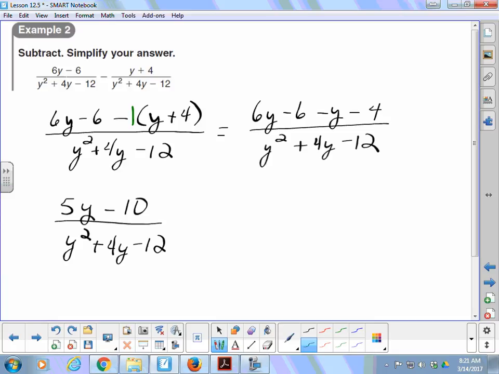Okay, so just like the ones we were working on with adding, we need to use the same principles and factor. So 5y and 10 have a 5 in common, so I take the 5 out, left with y minus 2.